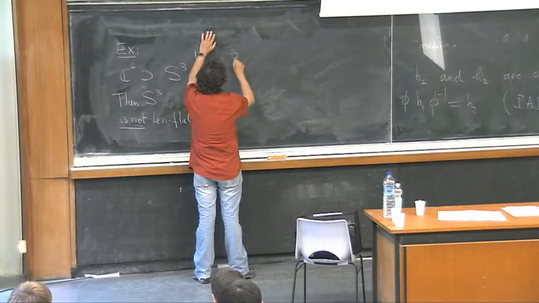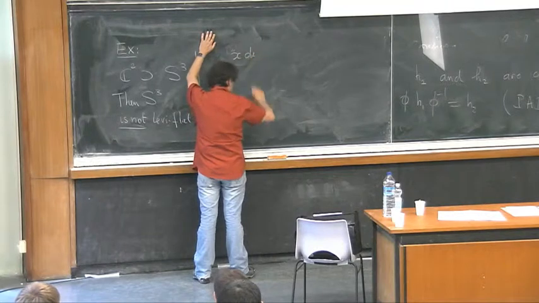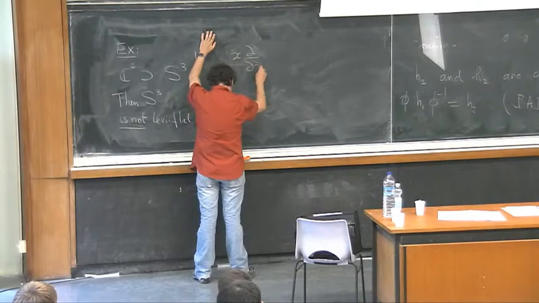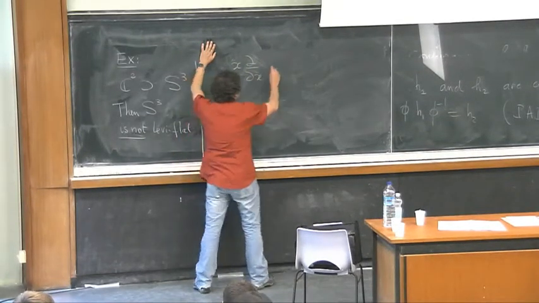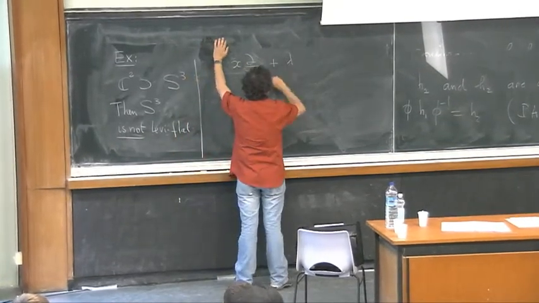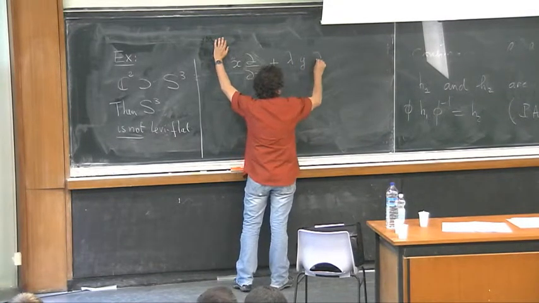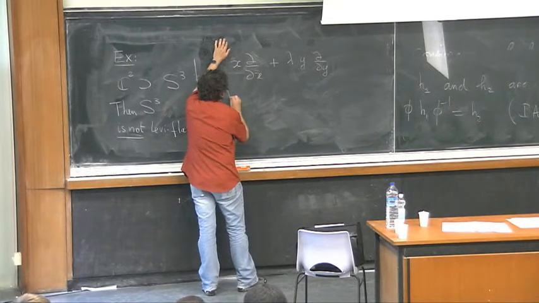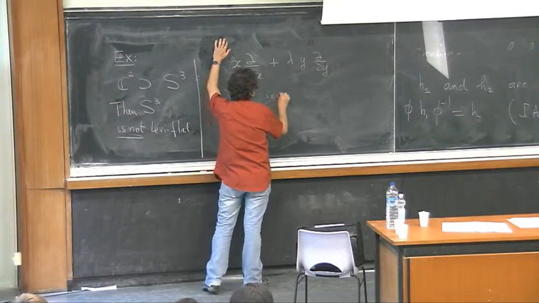Maybe I want to recall to you the first example of linear foliation of maybe Monday, I don't remember, this type of foliation with a vector field, for example, and with lambda an irrational number, a negative irrational number.